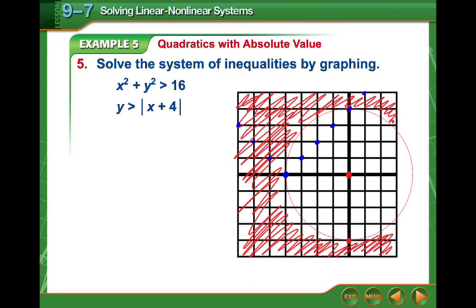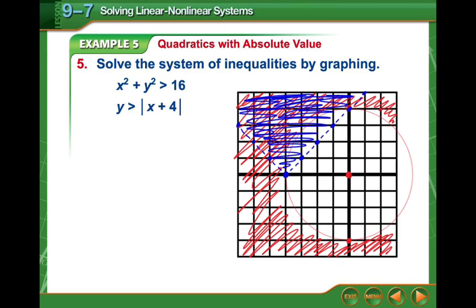Again, this one's greater than, so it's a dotted line. And greater than means it's shaded above it, just like the parabola before. Everything that's between it or above it. There. So that means our solution here.